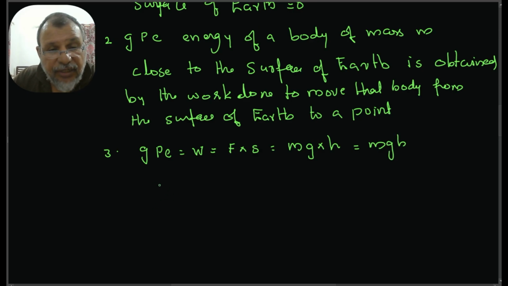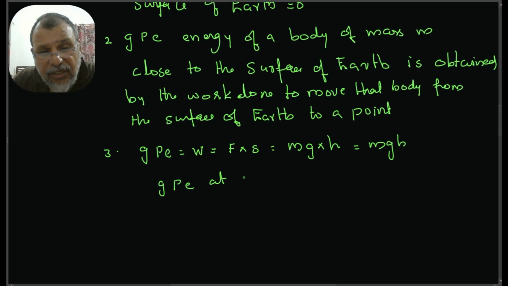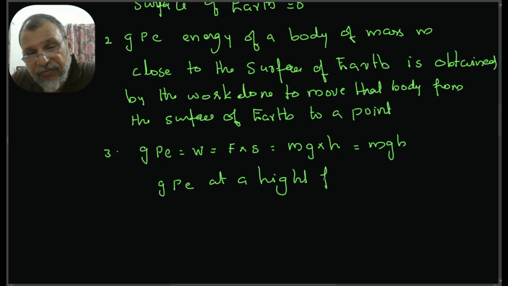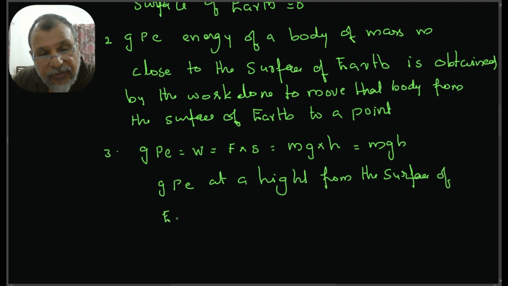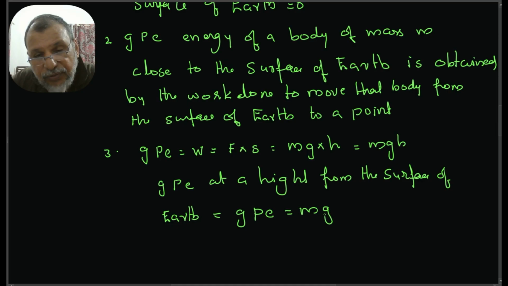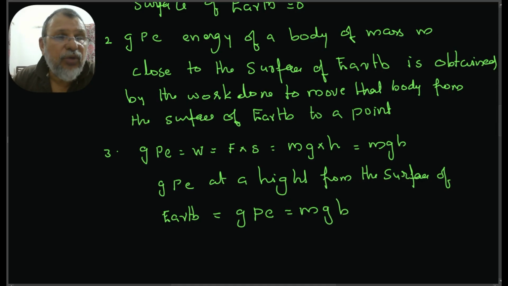So we can write the gravitational potential energy at a height h from the surface of Earth: GPE is equal to mgh.